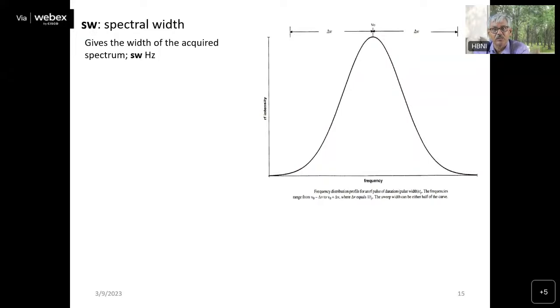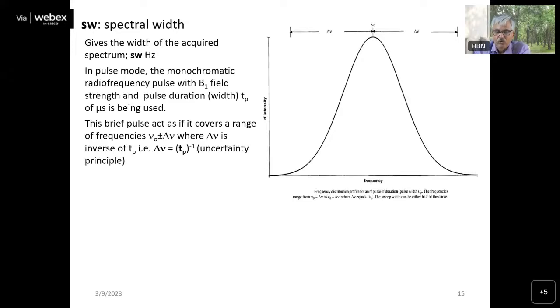Now, the spectral width is also related to your pulse duration. If you remember, we are giving the radio frequency as a pulse. In the pulse mode, we give a pulse for a particular duration, that is tp.